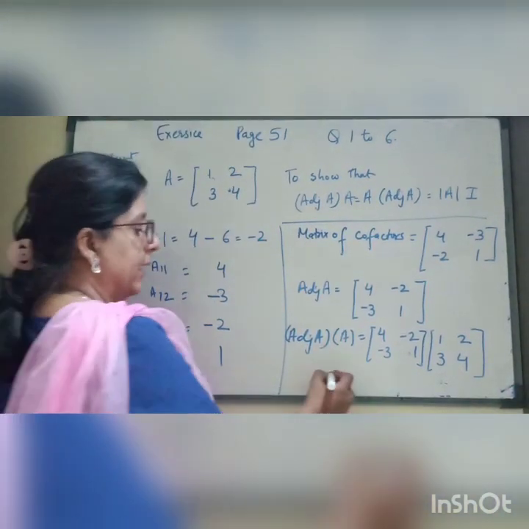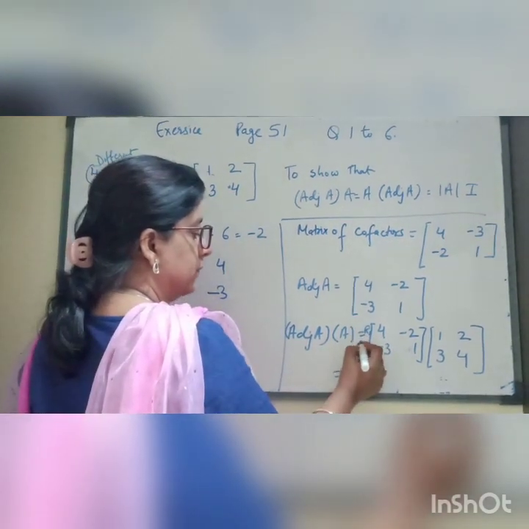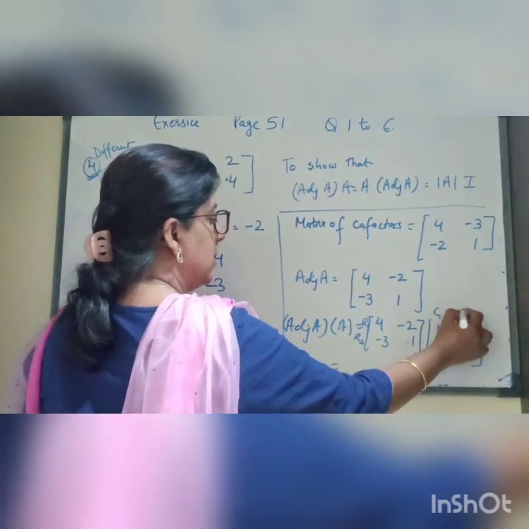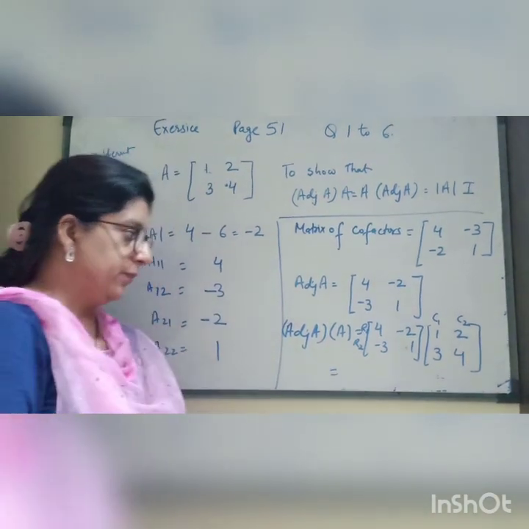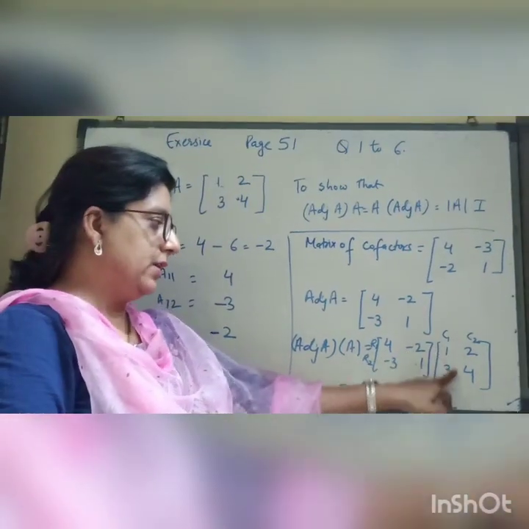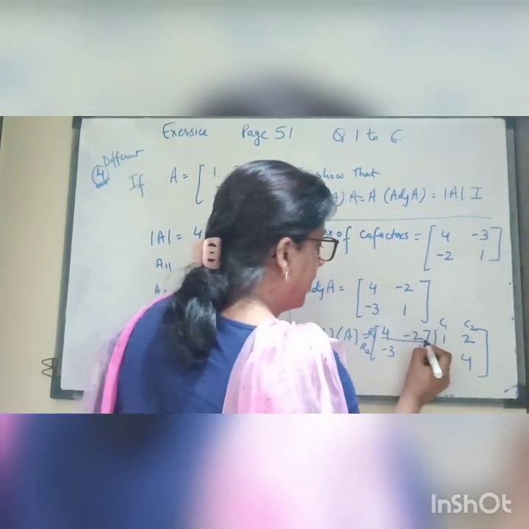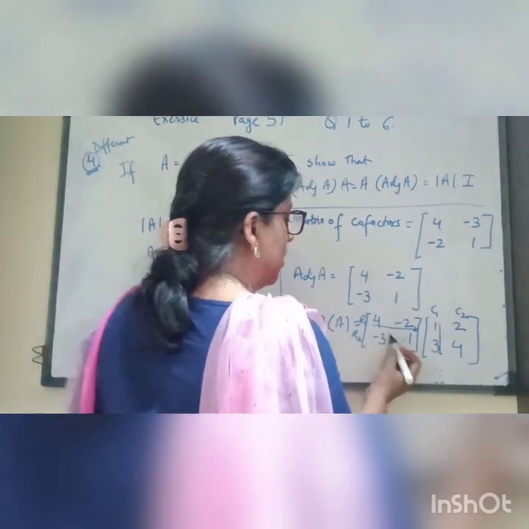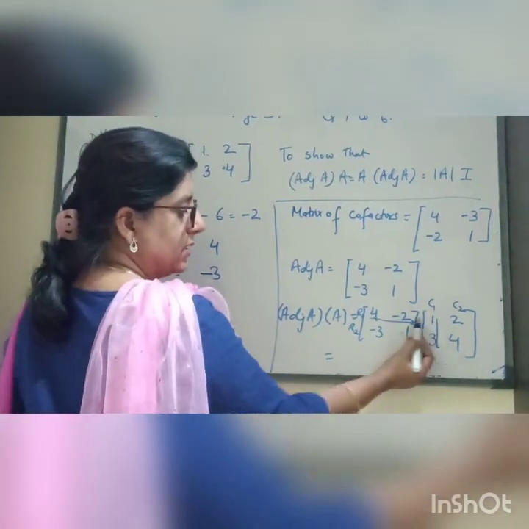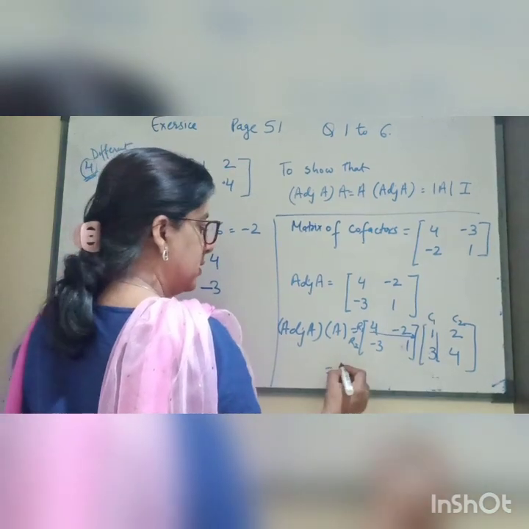How to multiply? R1, R2, C1, C2. R1 with C1, first element with first, second element with second.